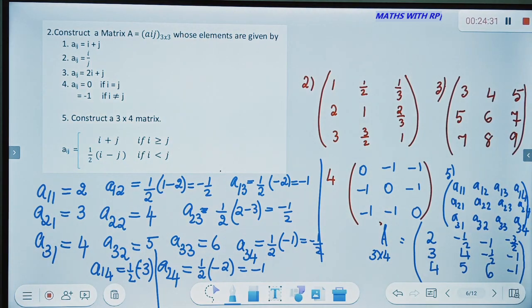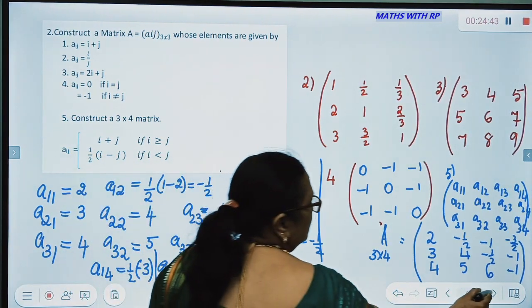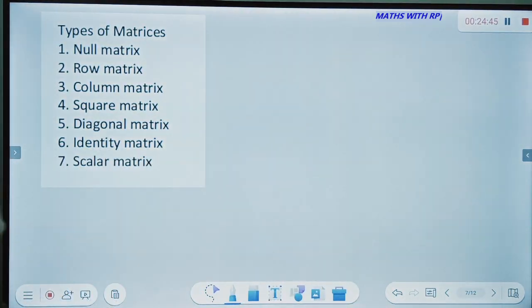So once you are given a general rule, then you can define any element in the matrix. Any element in the matrix is defined by this general rule. Now there are several types of matrices, and the name itself will tell you what kind of matrix you are talking about.